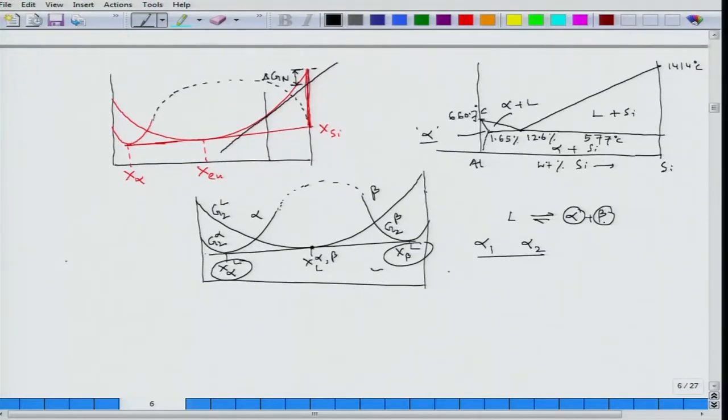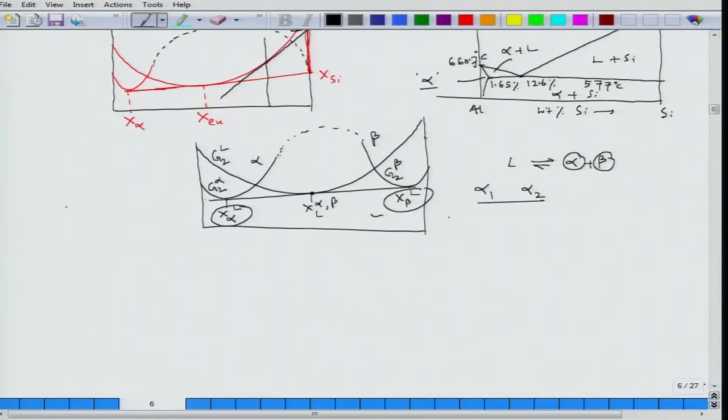Now, on that basis, we can explain the aluminium copper system. This aluminium copper system is highly important from a technological, rather engineering sense, because this system gives us an important alloy called duralumin.